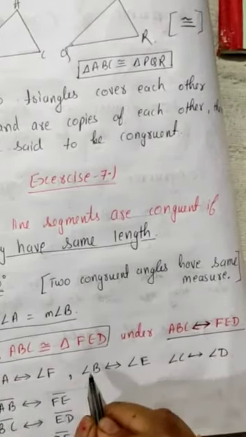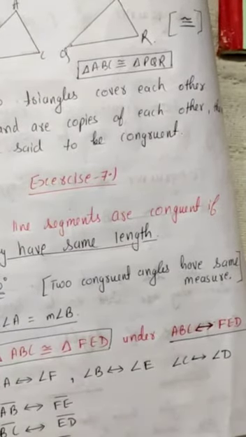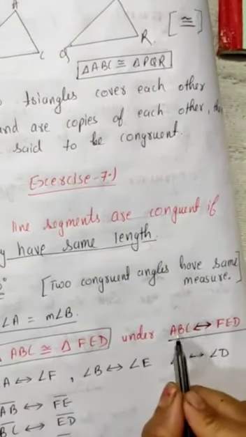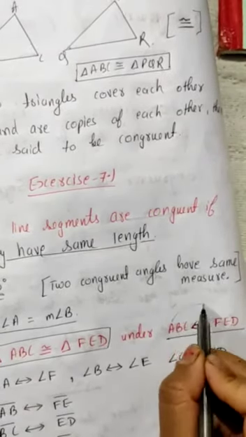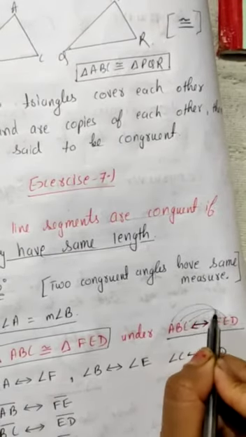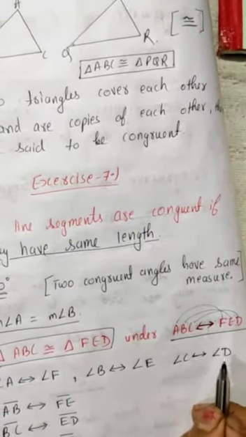While writing the corresponding congruent parts, you will observe this correspondence. Angle A will be equal to angle F, angle B will be equal to angle E, angle C will be equal to angle D. So these will be the 3 angles.